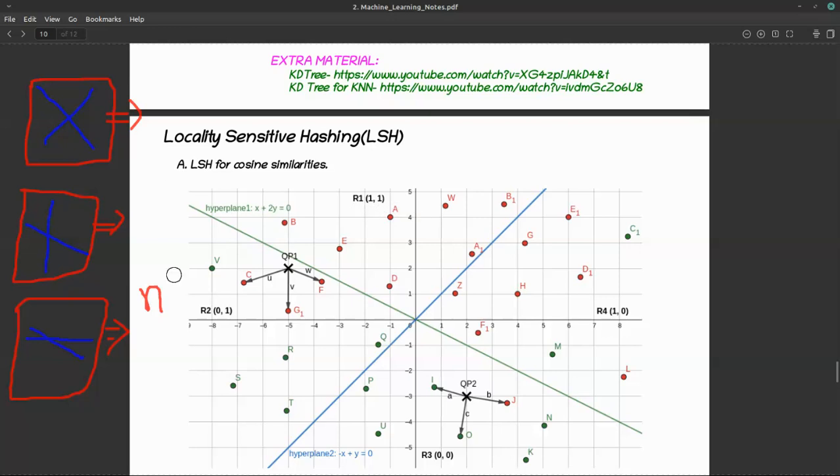Then while constructing the neighbors, I will consider all the neighbors from all the hash tables. I will consider this neighbor also, this neighbor also, this one also, and then I will make the good guess that it's red, right?